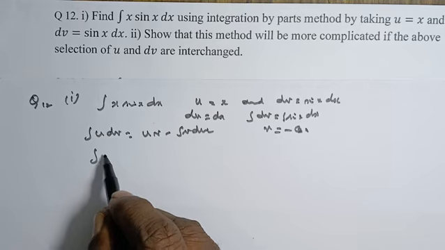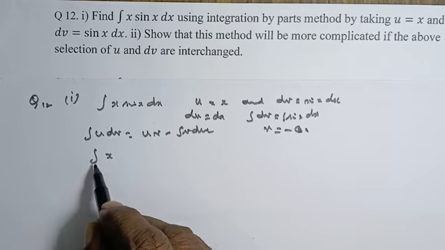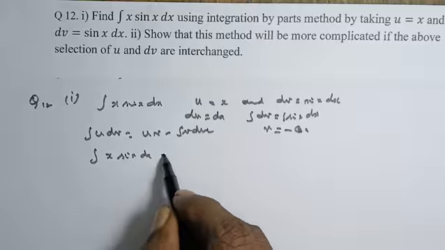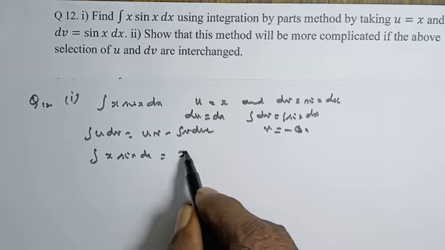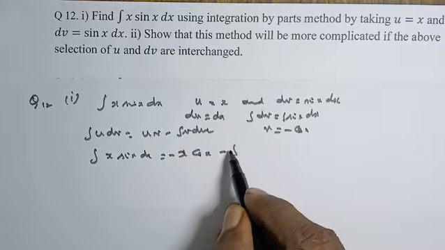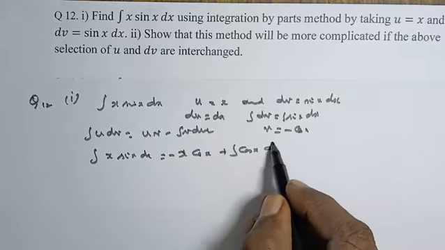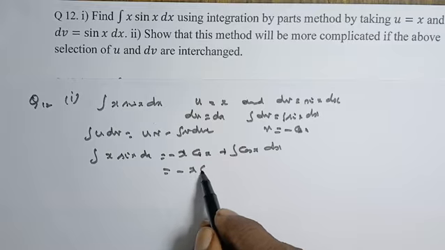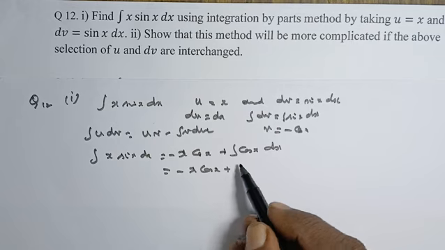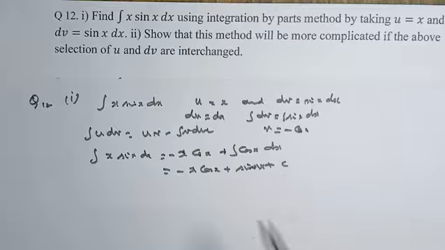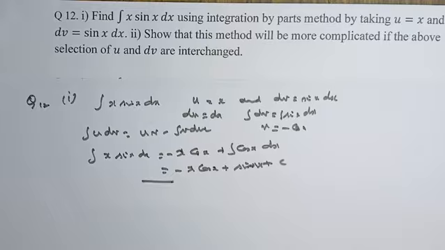So integral x sin x dx equals u is x, v is minus cos x, minus integral of minus cos x, that is plus cos x dx, which equals minus x cos x plus integral cos x, which is sin x plus c. This is part 1.